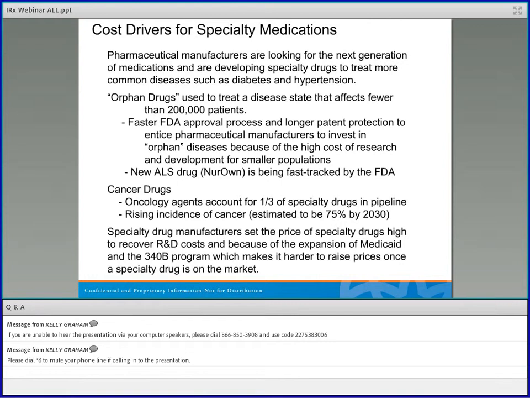And part of it is that with the number of brand drugs typically given in mail and retail that are losing their patent protection, the focus is really on these unique disease states on the specialty side, and that's where pharmaceutical manufacturers are putting a lot of money into research and development. They're even developing new specialty drugs that treat common diseases such as diabetes and hypertension, because they feel that with these drugs there may be a better way of controlling those disease states.